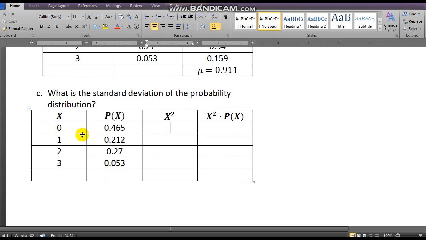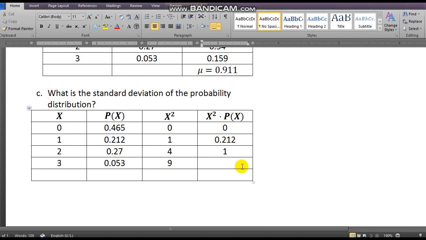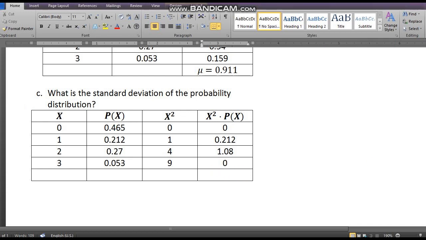Let's get the square of the scores. 0 squared is 0, 1 squared is 1, 2 squared is 4, 3 squared is 9. And x squared times p of x would be 0 times 0.465 is 0, 1 times 0.212 is 0.212, 4 times 0.27 is 1.08, and 0.053 times 9 is 0.477.